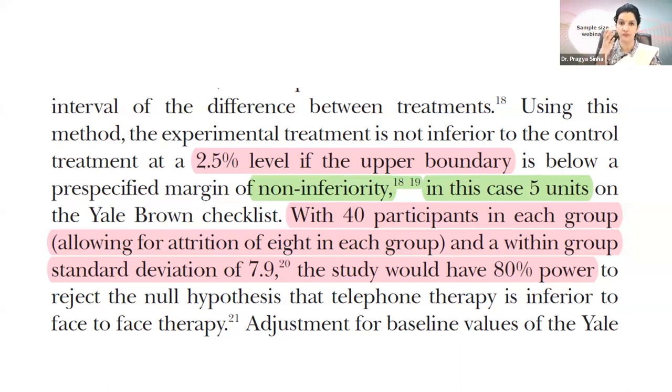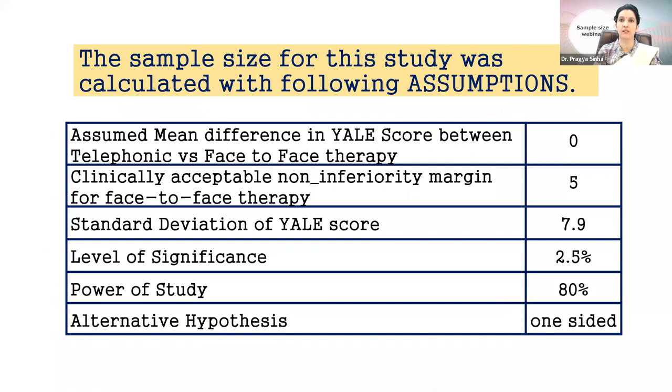Before you see this, let's see the input. It is 0 difference, because I said that in most cases we take this difference as 0. Why? Because we don't have the existing one, and if you take some value, then the overall sample size will be very large.